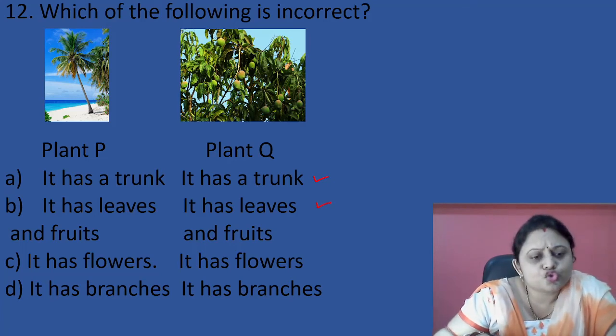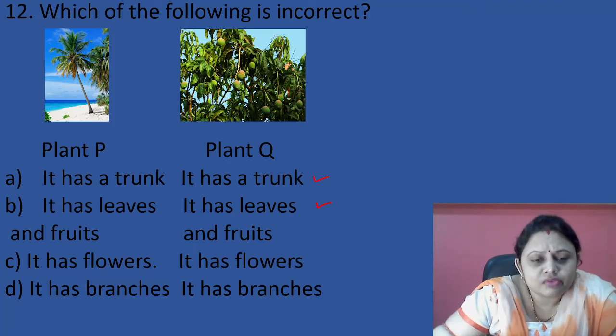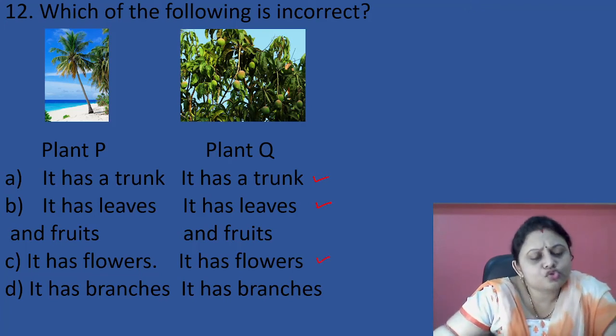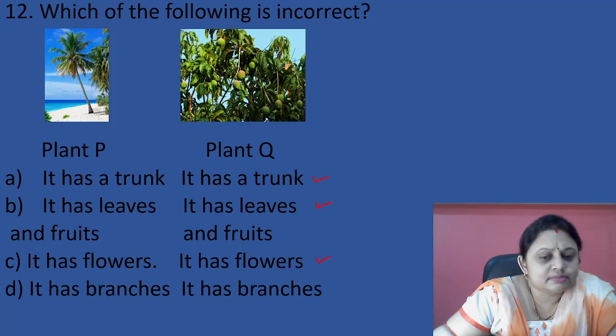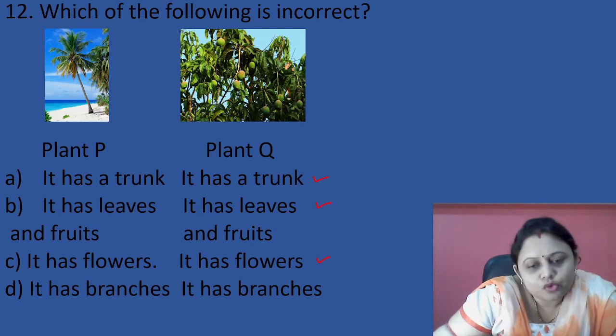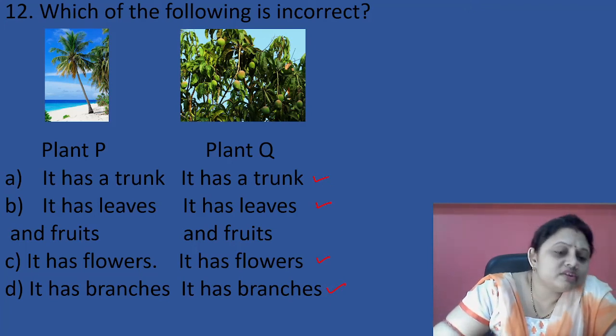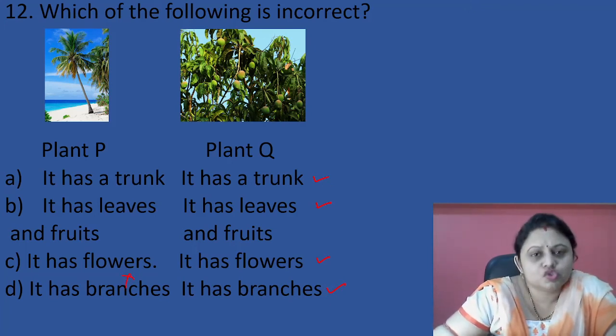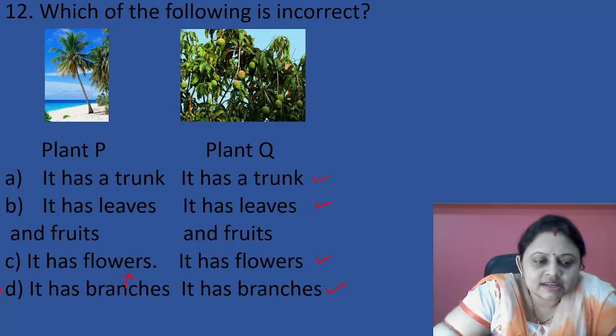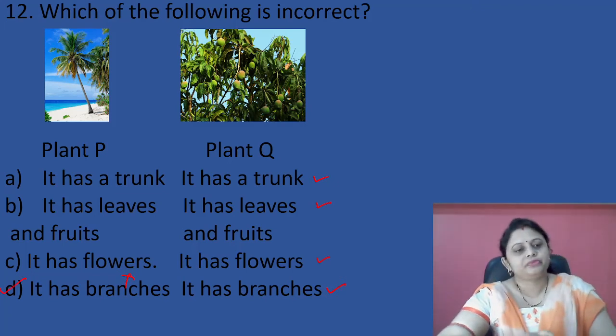Yes, this is also true. Third, it has flowers, it has flowers. Yes, it is also true. It has branches, it has branches. We know that a mango tree has branches, but as we can see, the coconut tree does not have branches. So which of the following is incorrect? That is option D. Got it?